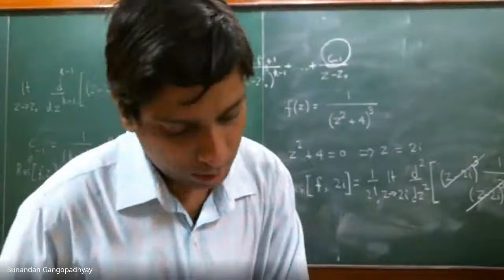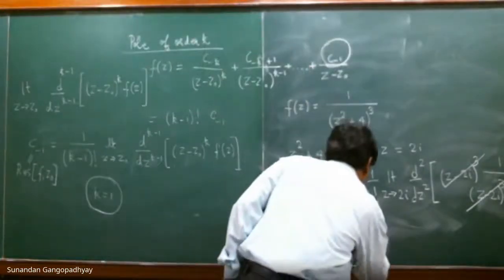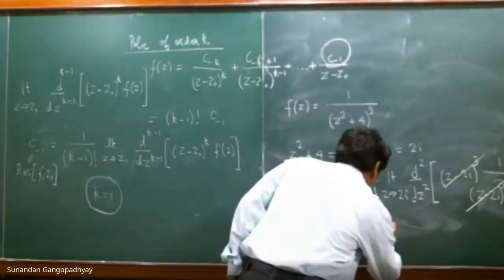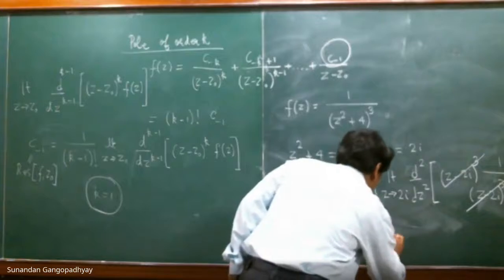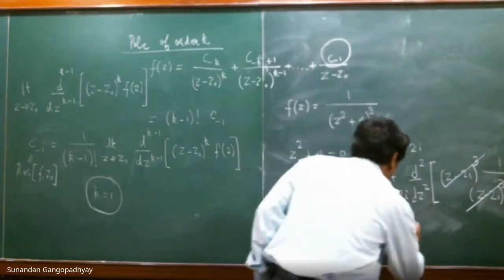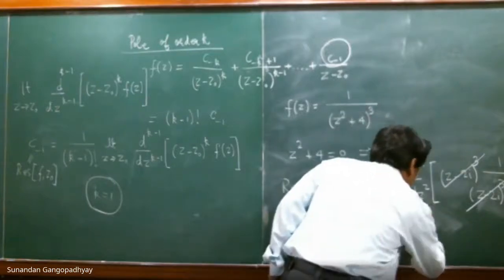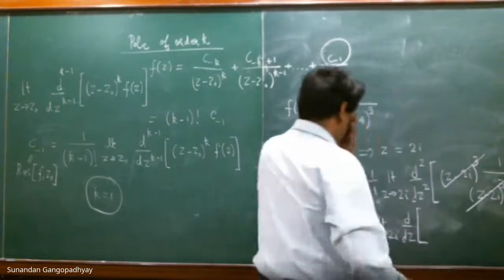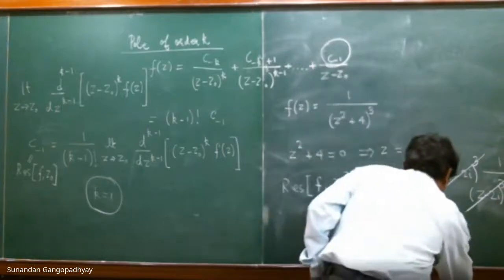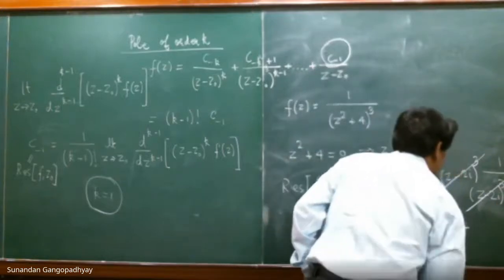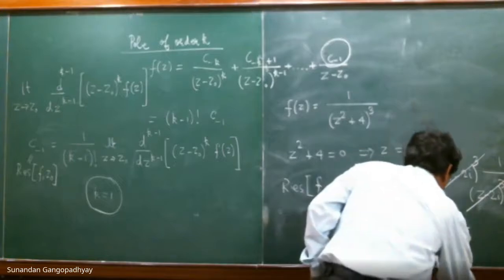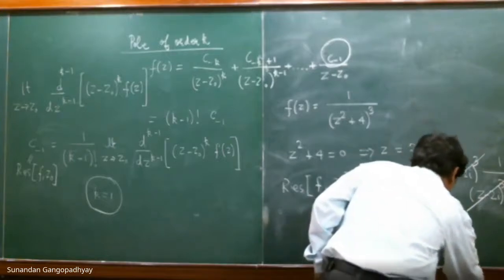So if you carry out the differentiation, this will be 1 by 2 limit z going to 2i. So d/dz of, if you differentiate this, what you will get? You will get minus 3 divided by (z plus 2i) to the power of 4.